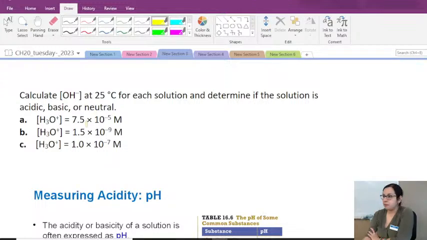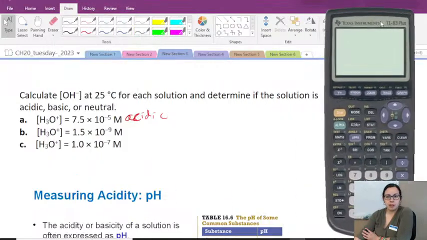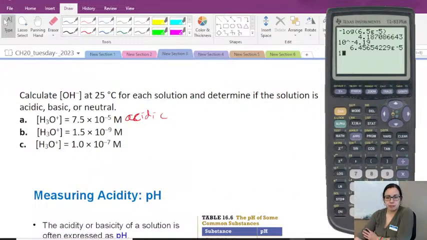So what do we get for A here? Acidic, so it was greater than 10 to the negative 7. And then what was the hydroxide concentration? Calculate that. We just have to divide.